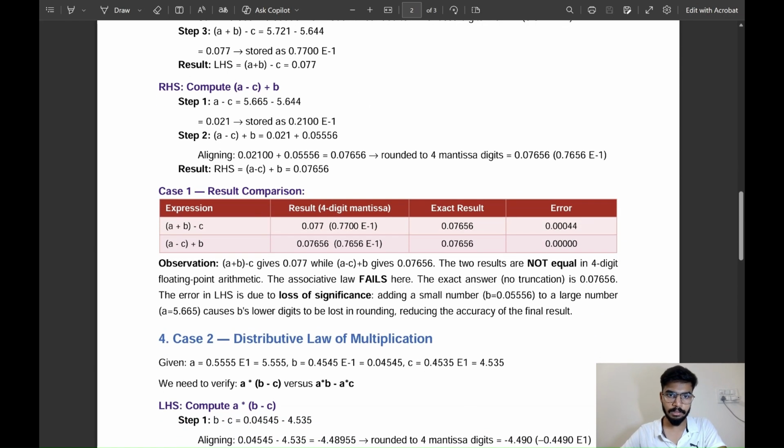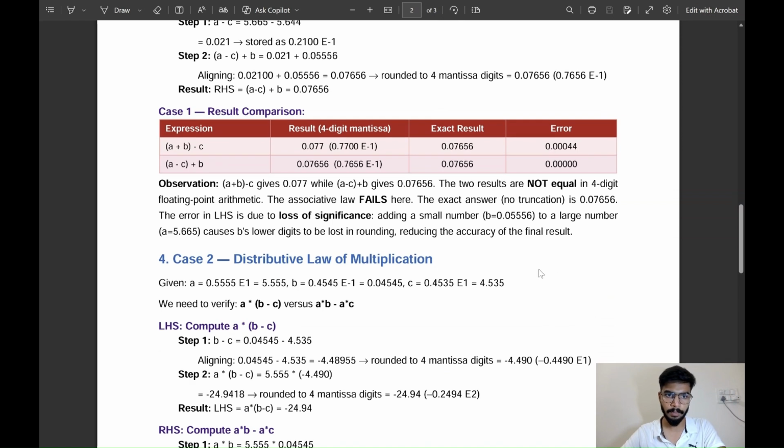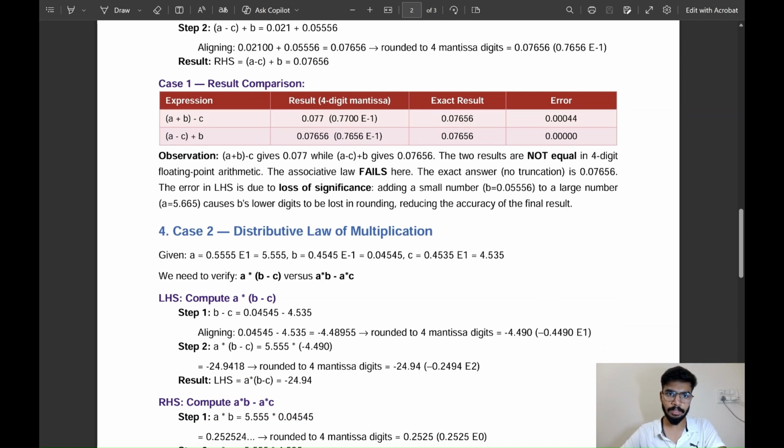Now see the case 1 result comparison. Here you can see our expressions a plus b minus c and a minus c plus b. Our result for the first is 0.077, and for the second 0.07656. The exact result is this, and the error you can see here is 0.00044, and here no error, 0.000. So we observe that a plus b minus c gives 0.077, while a minus c plus b gives 0.07656.